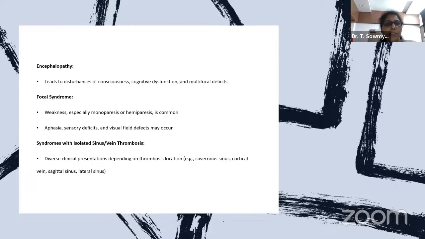They can have aphasia, sensory deficits, and visual field defects. And sometimes they can present with a syndrome of isolated sinus or vein thrombosis, in the cavernous sinus, cortical vein, or lateral sinus. They have a diverse clinical presentation, and cranial nerve palsies can be there.